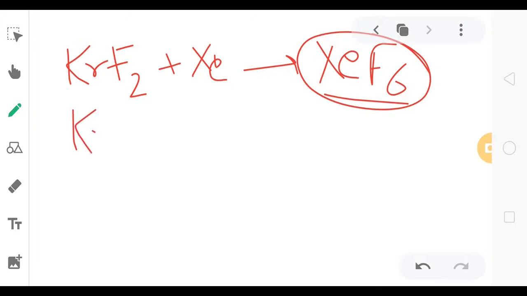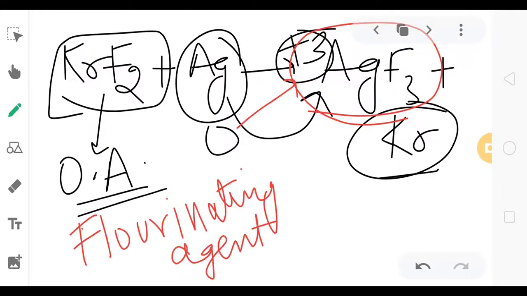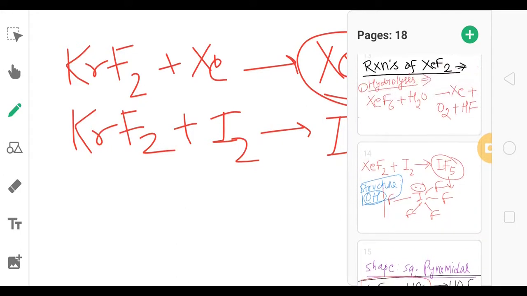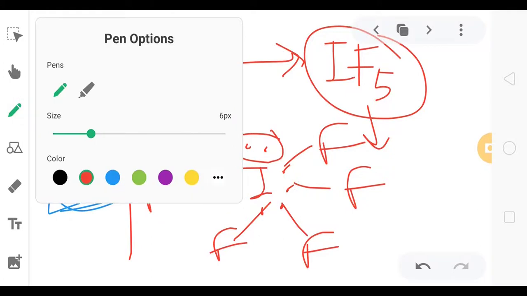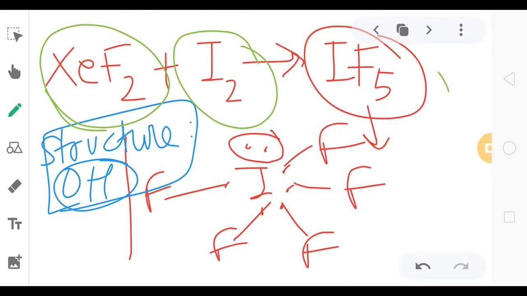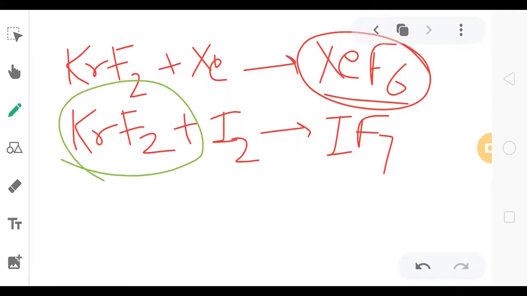Now one more reaction, when KrF2 reacts with iodine, we get IF7. This is a very good reaction because previously I told you one reaction where we were getting IF5, when we had treated xenon difluoride with iodine. Now we are treating KrF2; we have replaced the xenon with krypton.